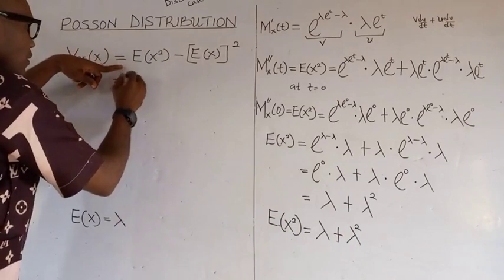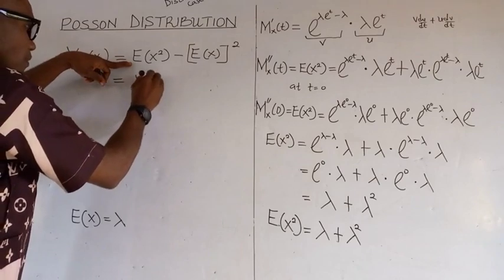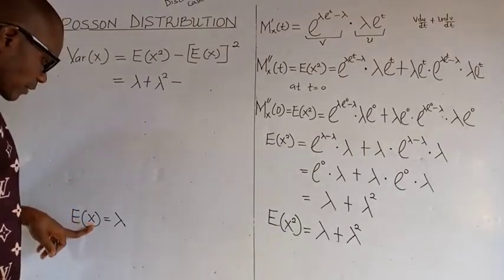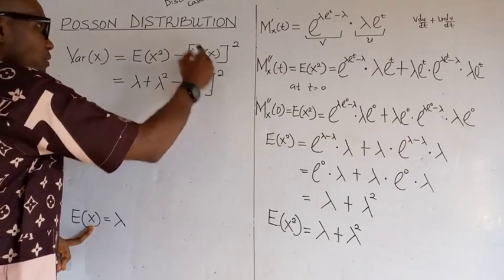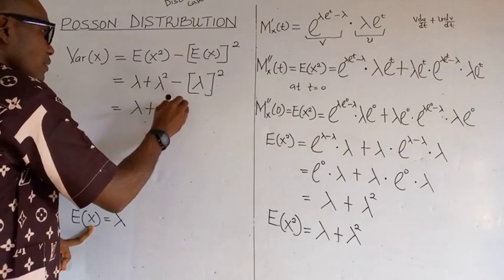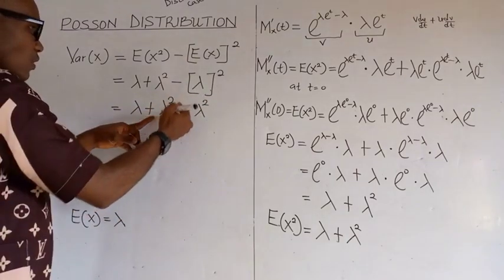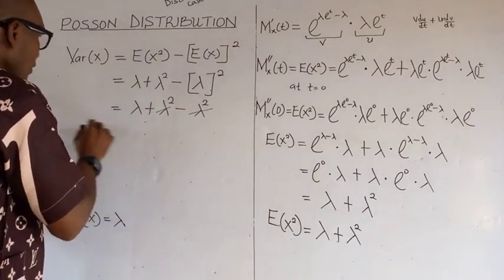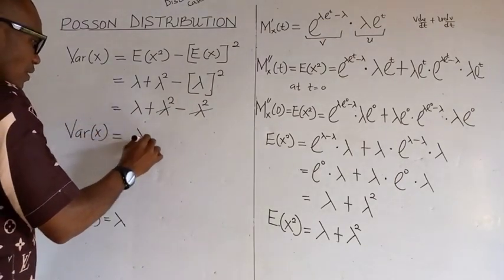The value for x squared is lambda plus lambda squared minus the expected value of x, which is just lambda, all squared. If we open the brackets, we have lambda squared minus lambda squared, this can cancel this to give us our variance of x to be lambda.